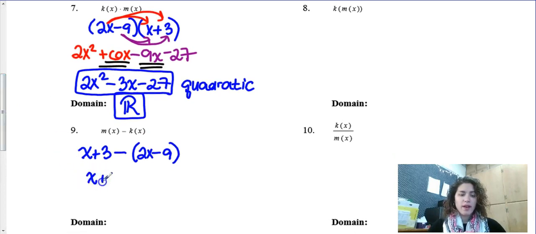So this is going to be x plus 3 minus 2x plus 9. Combining like terms, x minus 2x is negative x, and then I can also do positive 3 plus 9 is a positive 12.